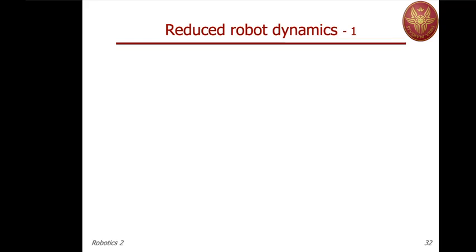So the idea, if you think a little bit, is very much similar to what we have seen in kinematics, and in particular in the redundancy, when we looked for a way of satisfying a task while optimizing a function. And we had, in that case, two methods, the projected gradient and the reduced gradient.